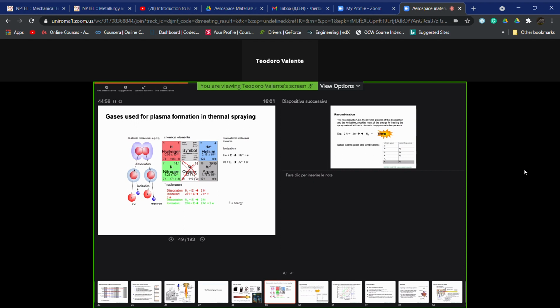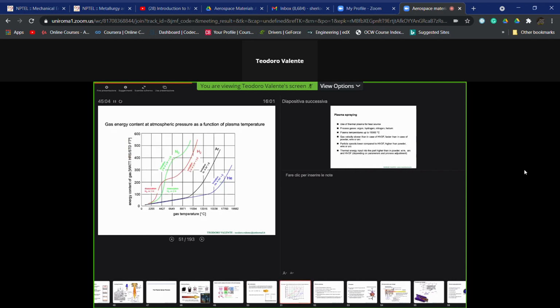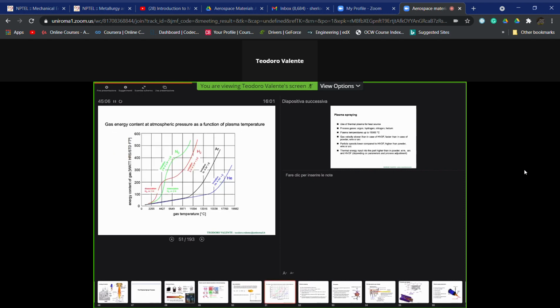And the selection of the gas which is used in order to have our plasma is strictly linked to the energy content that we do have after the plasma is formed and after the recombination phase, which leaves energy suitable for particle melting and for particle interaction with the fluid.